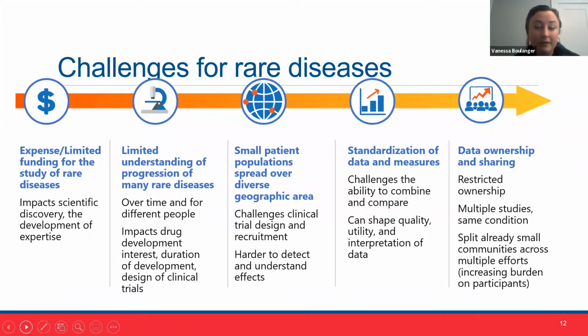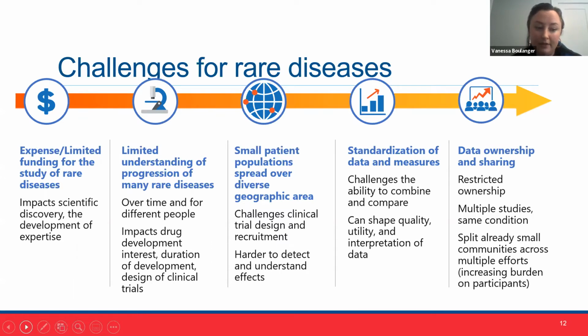So to expand a little bit further on some of the challenges, you'll see here on this slide that funding for rare diseases is often quite limited, which can impact scientific discovery and timelines for research, and how nimble and quickly researchers are able to move in rare disease research.